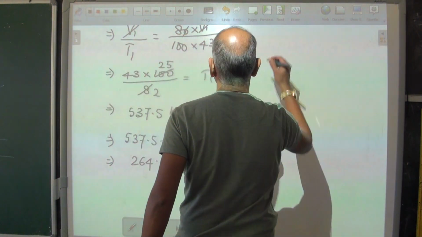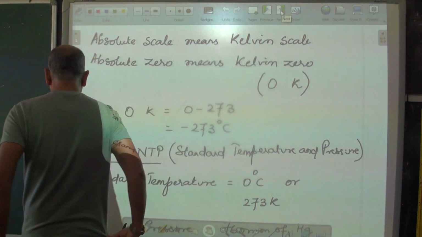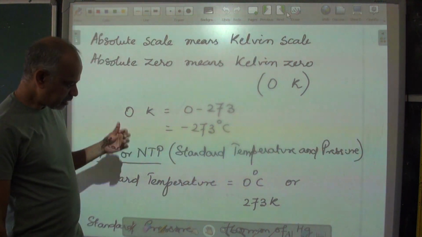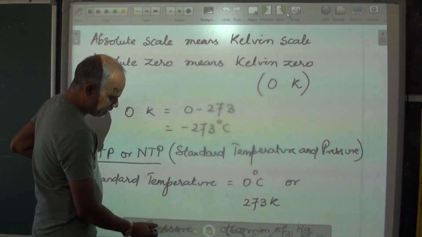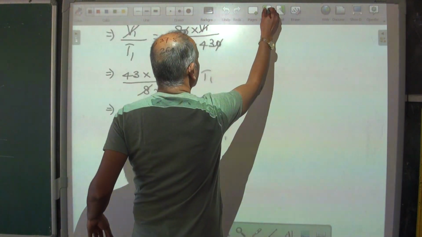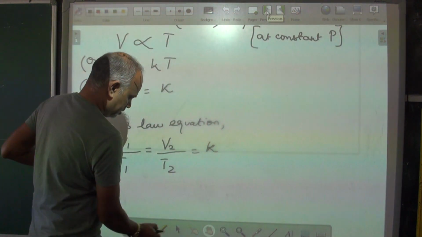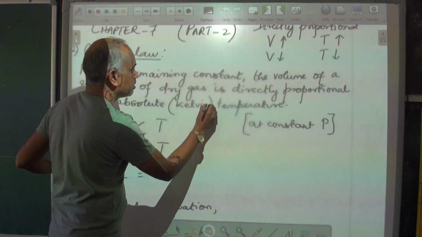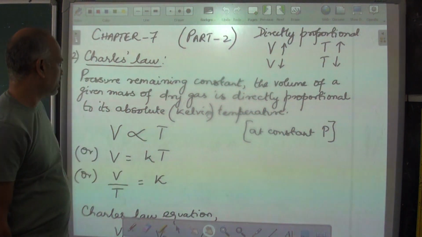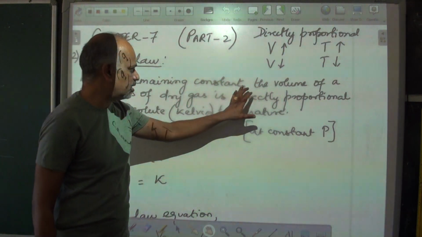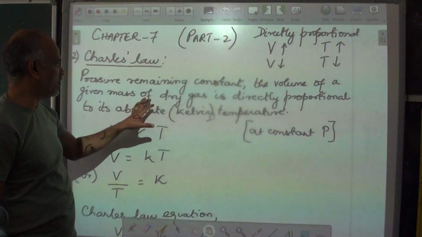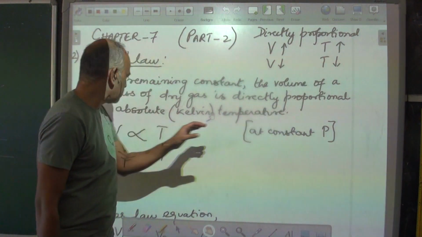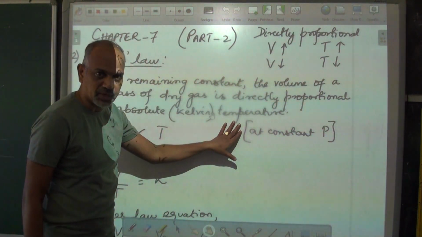Next, there are a few things that you have to know. If you look at Charles' law's statement, it says: pressure remaining constant, the volume of a given mass of dry gas is directly proportional to its absolute temperature.